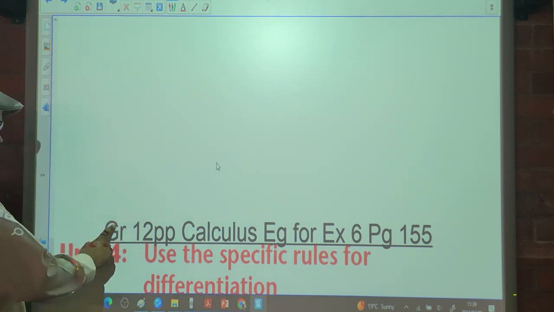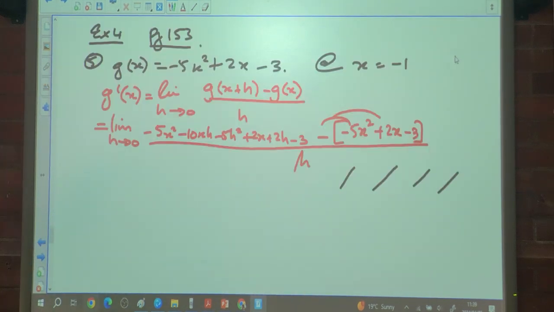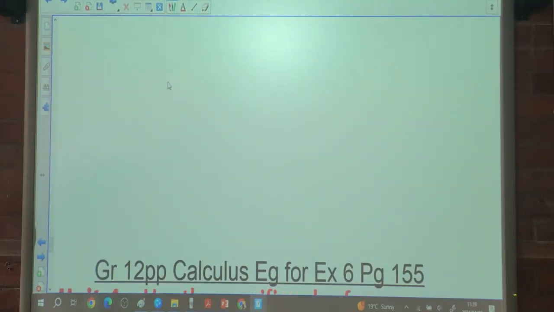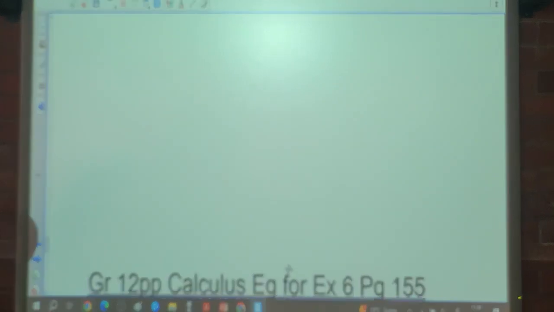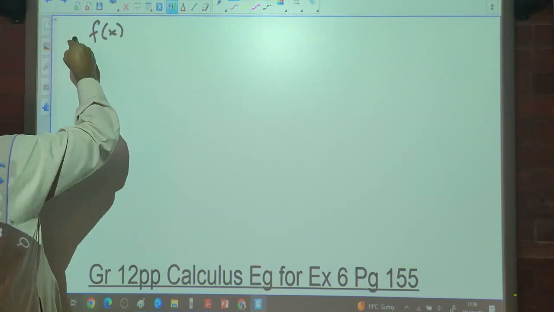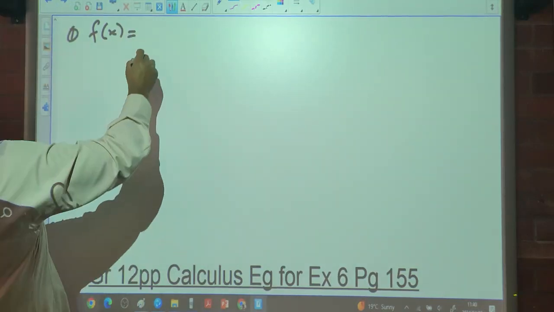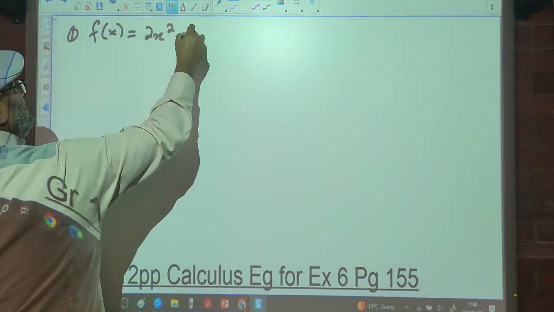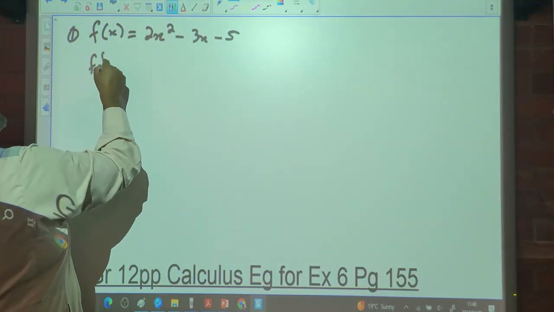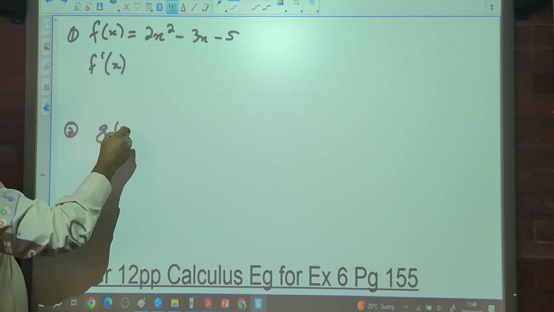The first sum was, let's pull this down. What was the first sum? F of x, this was from the examples. No? F of x is equal to 2x squared minus 3x minus 5. Now in the second example, was g of x is what?